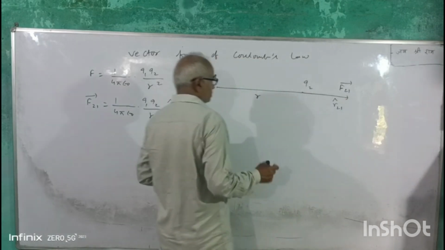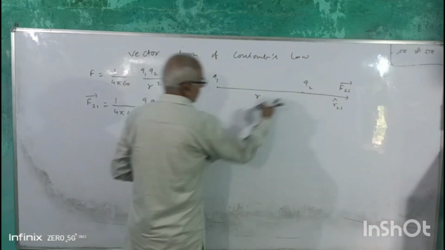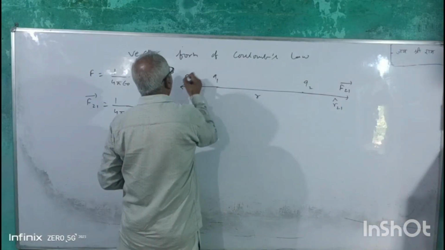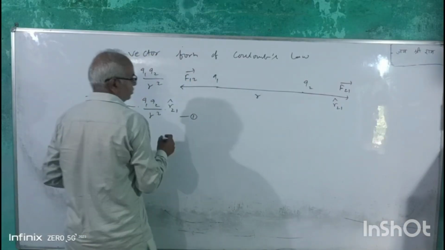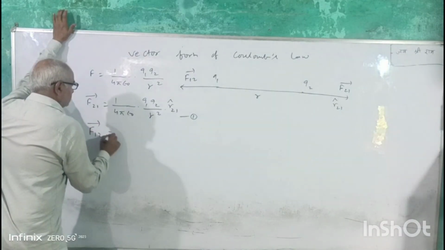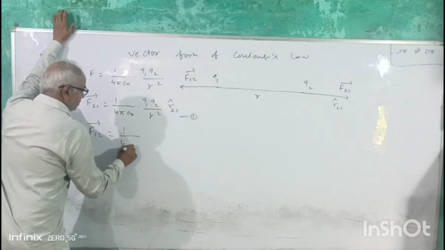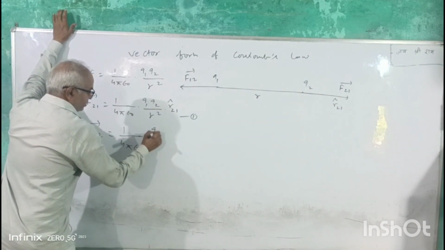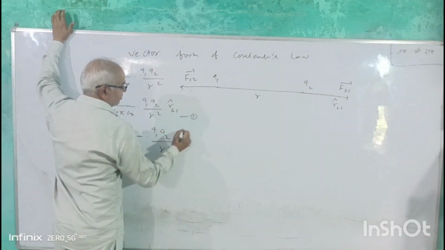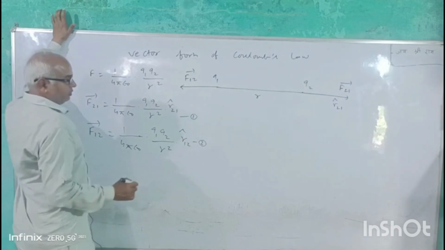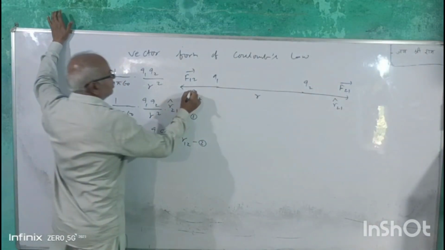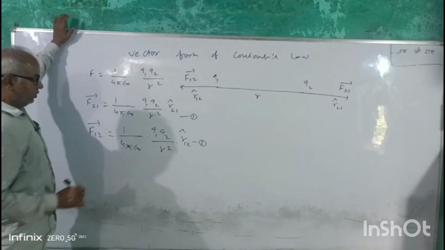F21. Similarly, the force acting on charge q2 due to charge q1 is given by F12. So F12 is equal to 1 upon 4 pi epsilon naught q1 q2 upon r square r12 cap, where r12 cap is the unit vector in the direction of F12.